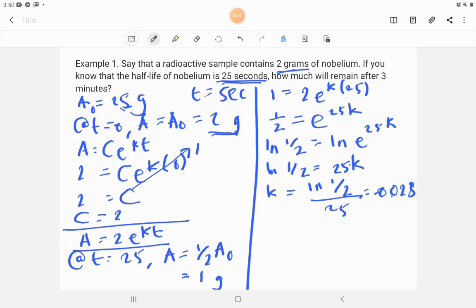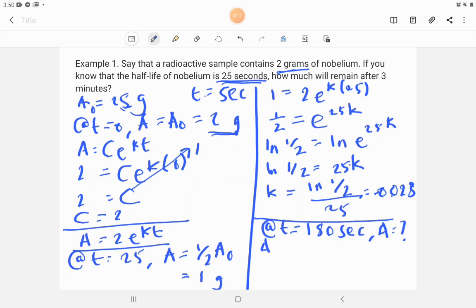Then we are ready to solve for the last unknown. How much will remain after 3 minutes? That is at t equals 3 minutes, which is 180 seconds. The question is, how much of the substance will be present during that time? So we can replace the equation now.